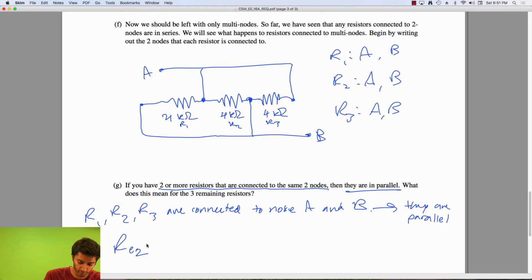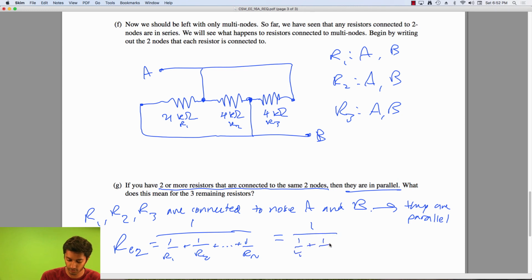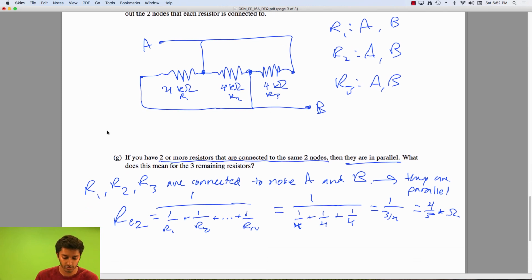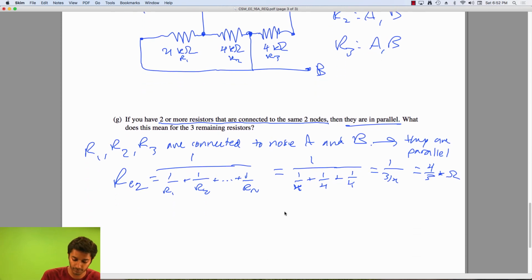Using our handy formula from part B, we have 1 over REQ is 1 over R1 plus 1 over R2 plus all the way to 1 over Rn for n resistors. Plugging in our values, we have 1 over 1/4 plus 1/4 plus 1/4. And this gives us 1 over 3/4, which is equal to 4/3 K ohms.